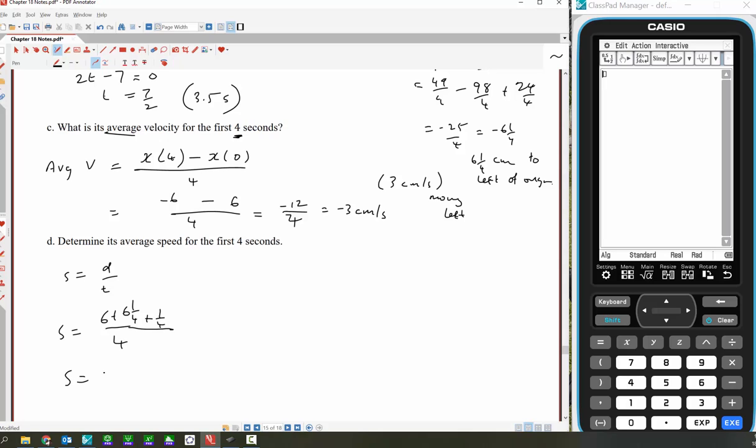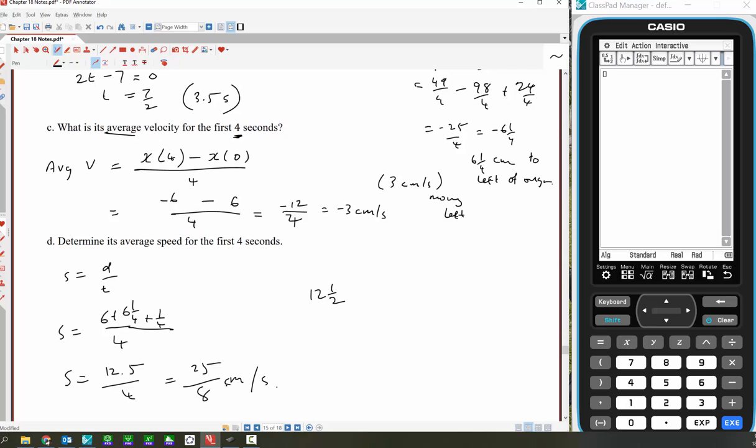Okay, so that's going to be 12.5 over 4. We can't really write it like that, so I'm just going to say 12 and a half, 25 on 2, 25 on 8 centimetres per second.